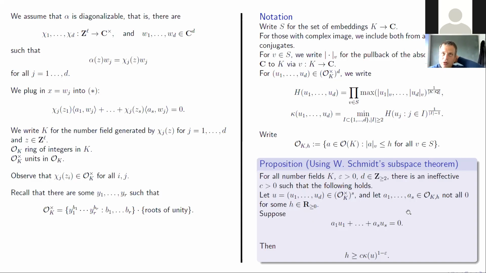So now I only want to mention that this result is based on Wolfgang Schmidt's subspace theorem, which is a powerful tool in Diophantine analysis. It is a generalization of Roth's theorem in Diophantine approximation.